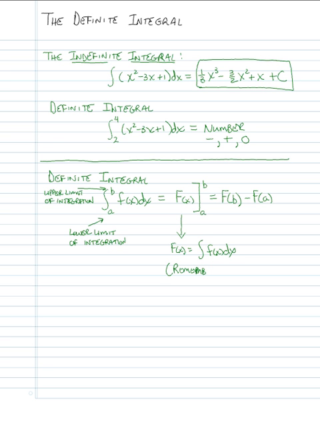Remember that capital F being an antiderivative, if we take the derivative of capital F, we get lowercase f. But the real thing to remember is the way we calculate this capital F function is we first find an indefinite integral. And then when we find that indefinite integral, that's the function that we use to calculate the number.